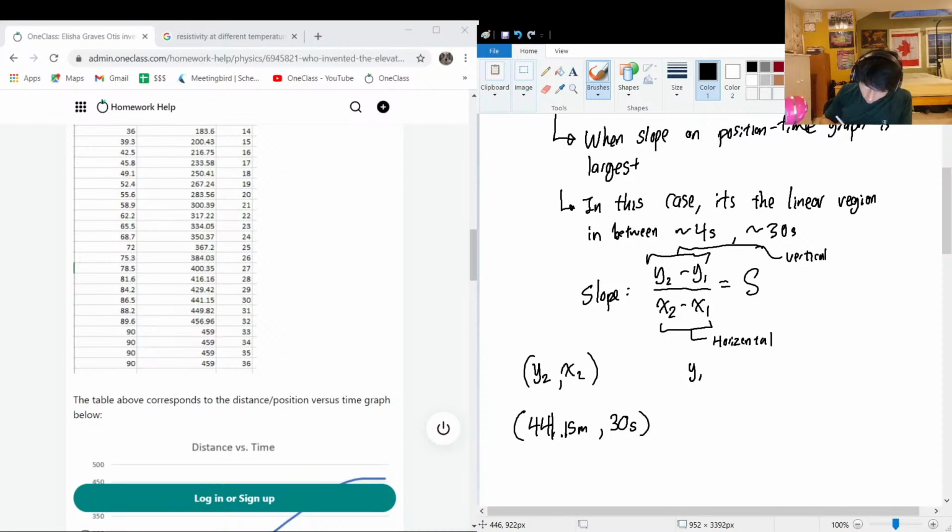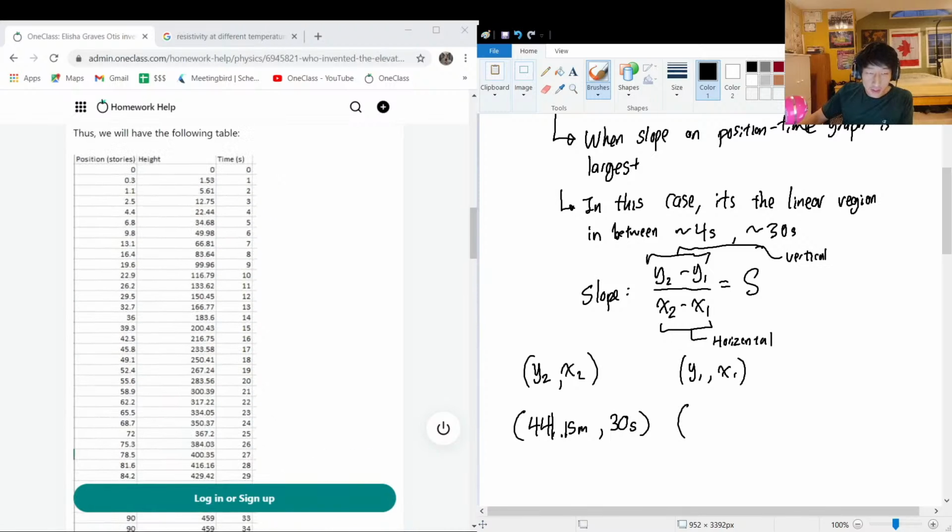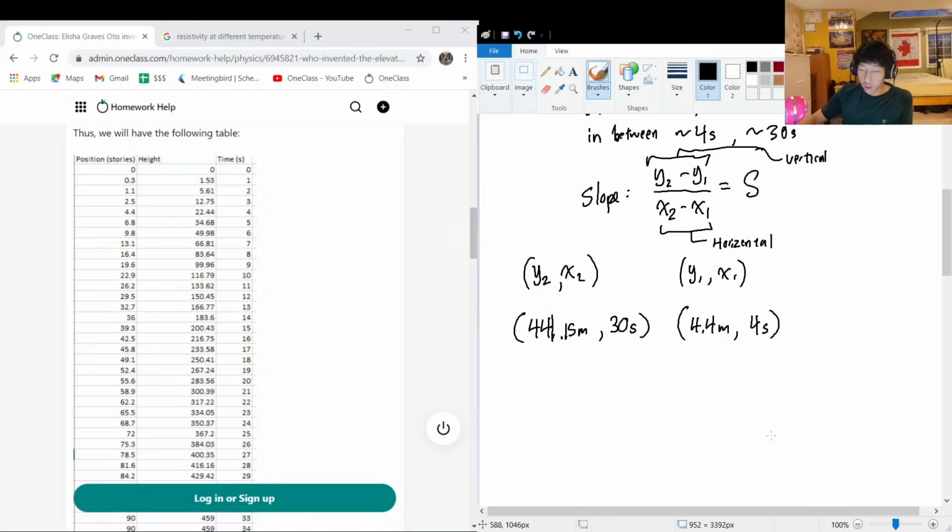And then y1, x1, let's take the one at about 4 seconds, 4.4 meters, and 4 seconds. Okay, so we're running this through the calculation. We'll have max speed. Max speed is the slope between these two areas.